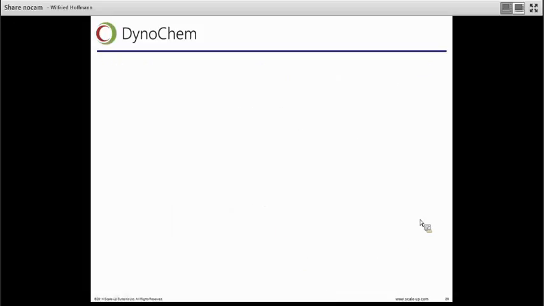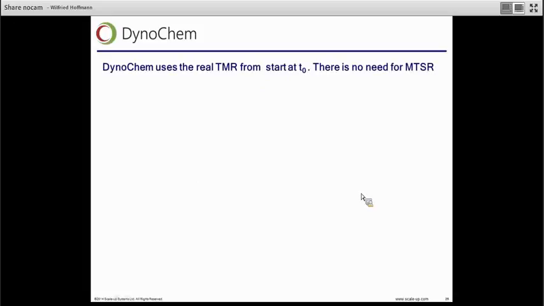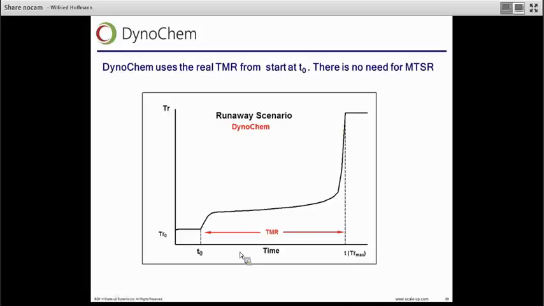DynoChem uses the real time to maximum rate from start at T0 because we know the kinetics of the desired reactions. There is no need for MTSR. You see, that is the DynoChem runaway scenario. And there are two extremes where the difference becomes apparent.